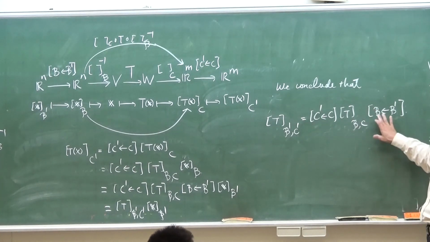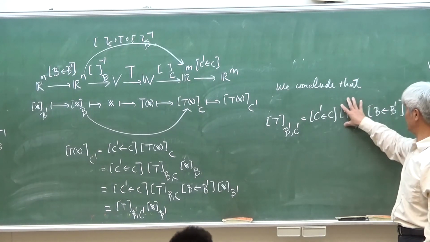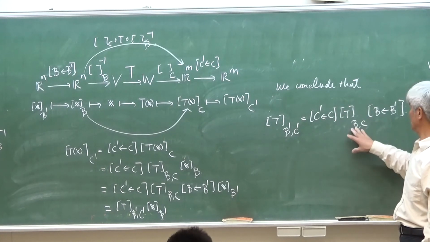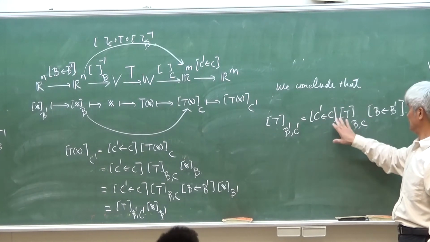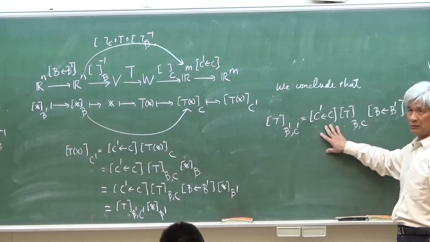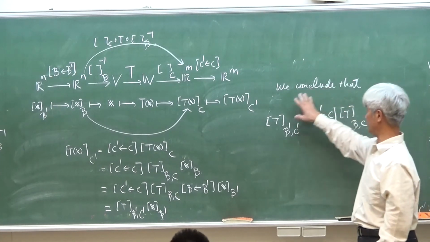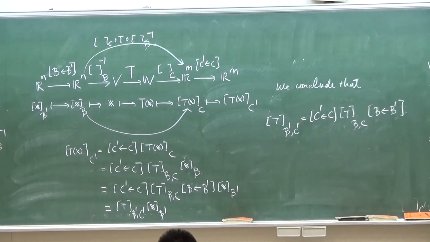All right, and we use the matrix representation for B and C. Now in the codomain, we do the coordinate change from C to C prime. So this is what we have here. Everything.